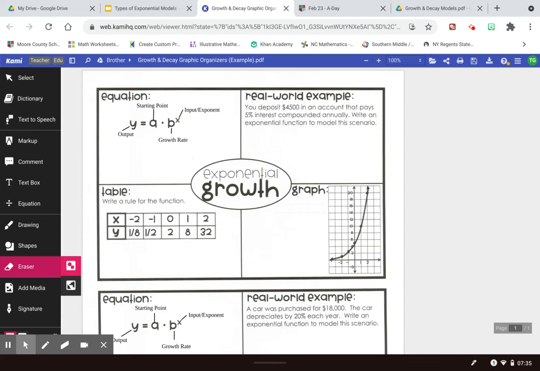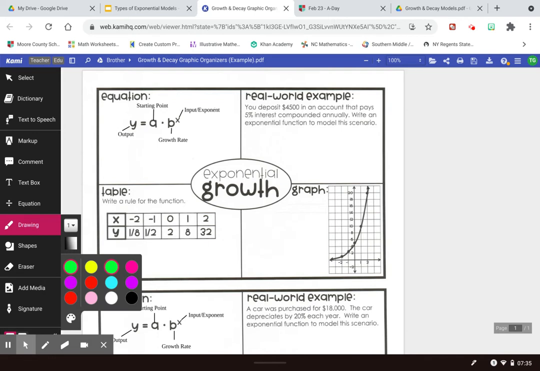All right, so if we look over at the real world example, it says here you deposit $4,500 in an account that pays 5% interest compounded annually. Write an exponential function to model this scenario. Okay, so we're going to start with y, because that's going to be the output. So y equals, the starting point is $4,500.